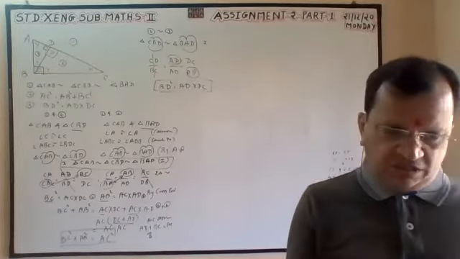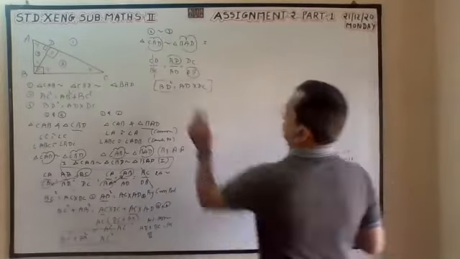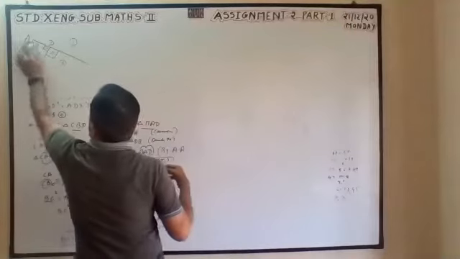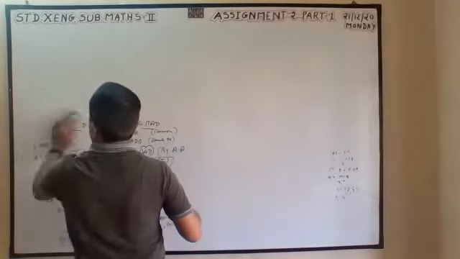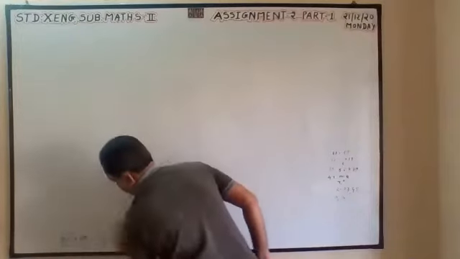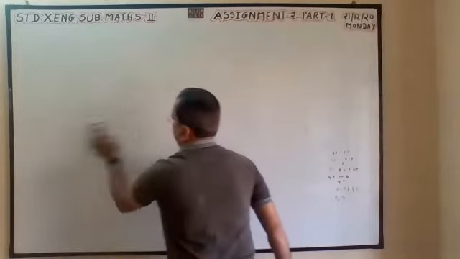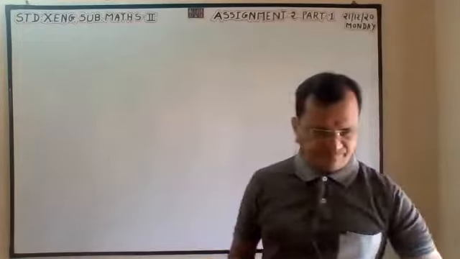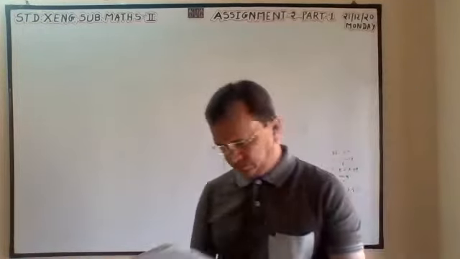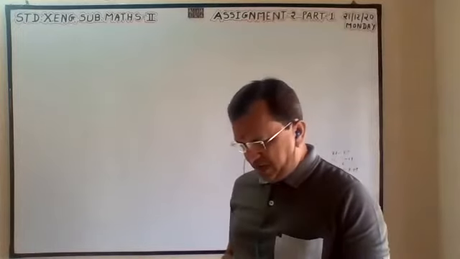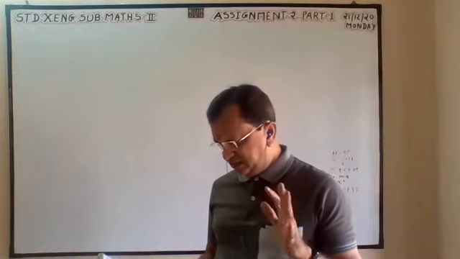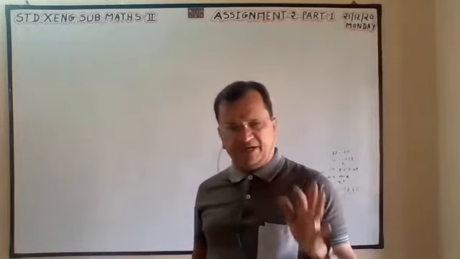Yes. In this, I want to show you two different methods. Try to understand this because they will ask this one small question: identify with the reason whether it is a Pythagorean triplet or not.